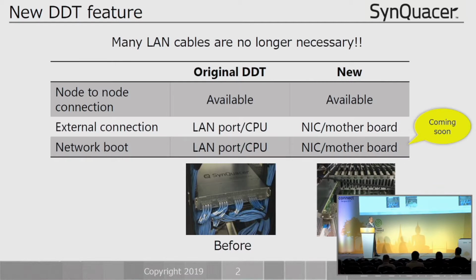And also because we did something in addition on that driver, we are now able to do network booting. It says coming soon, but last Friday, we distributed the first draft version to the potential customers. I think they already started the evaluation.